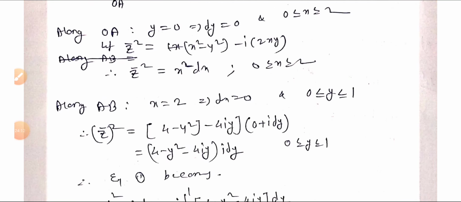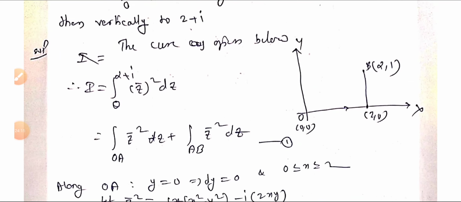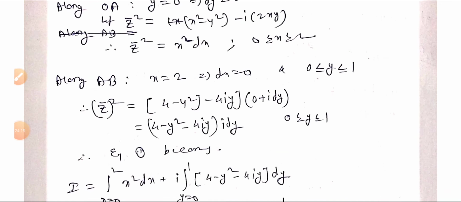Similarly along AB, the x coordinate is 2 along this line, therefore x equal to 2, dx equal to 0, and y varies from 0 to 1. So z bar square along AB is 4 minus y square minus 4iy, into 0 plus i dy.